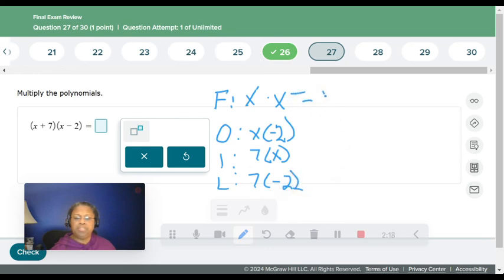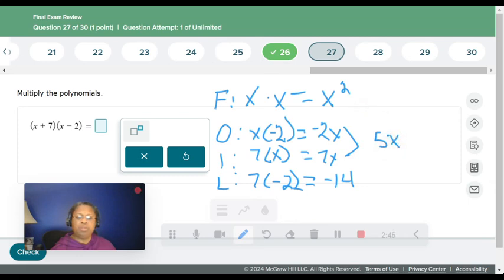This will give us x squared. This will equal -2x. This will equal 7x. And this will equal -14. Combine our like terms, and that's going to give us 5x.